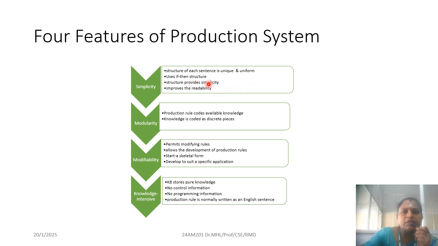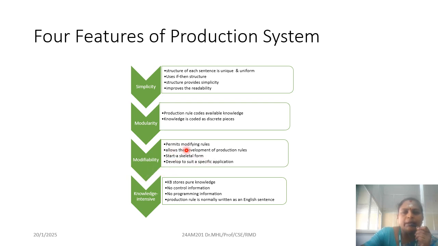This if-then structure adds simplicity and also improves readability. The second feature, modularity: the production rules code the available knowledge, and the knowledge is coded as discrete pieces, so you can handle them separately.